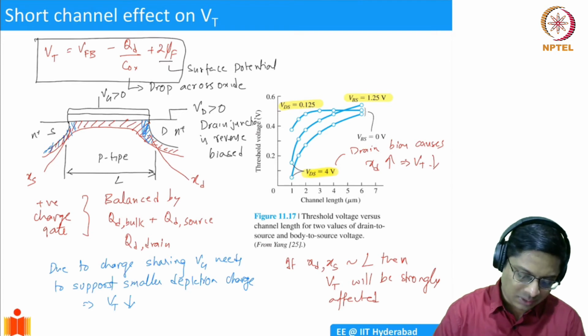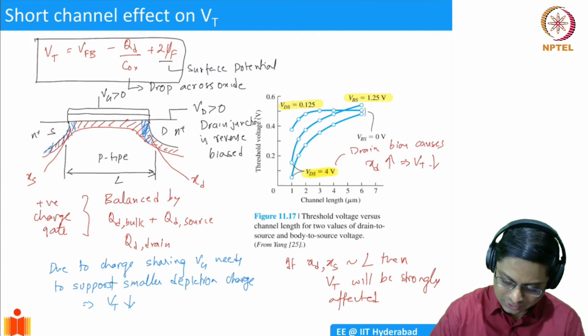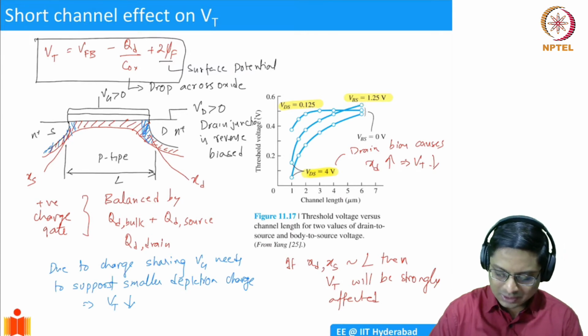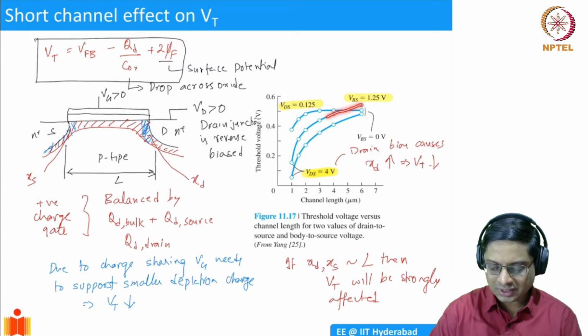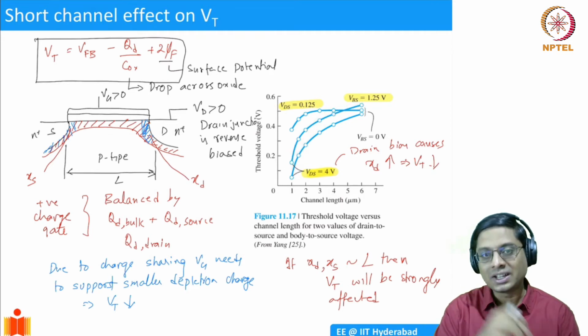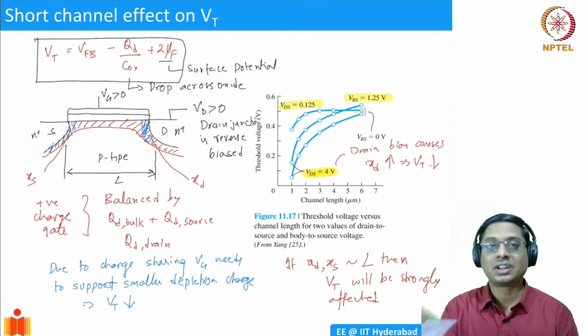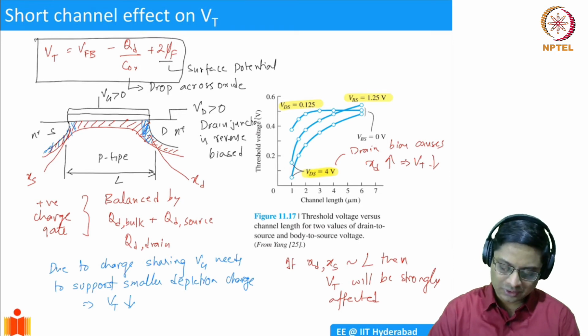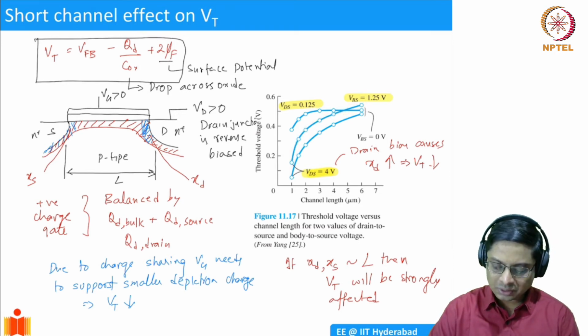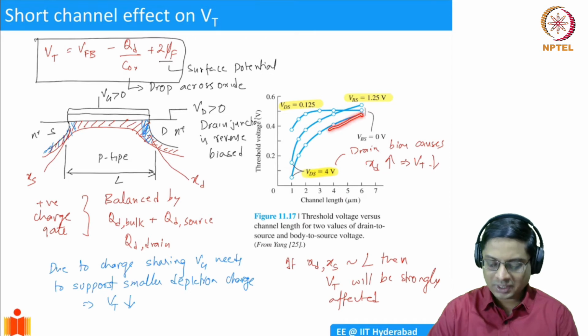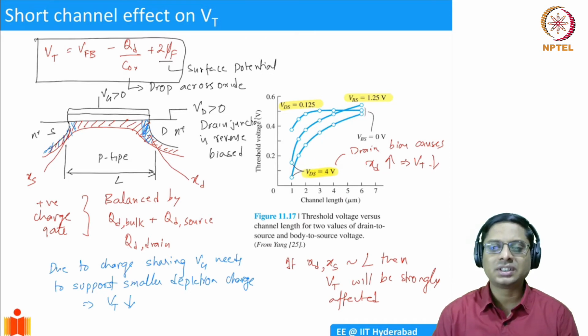That's why you expect the VT is higher initially in the case of positive bulk. But if you go to smaller and smaller channel lengths, you're making it easier. The barrier is lowering on the source side, so you're making it easier for the current to flow. That's why VT falls. But compared to VBS of 0, it is still going to be higher. So these are the trends.